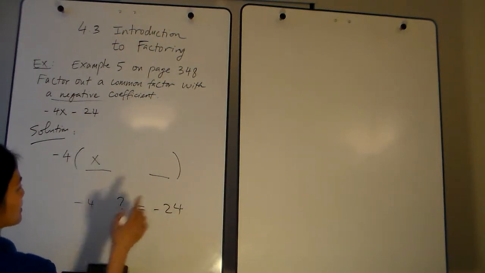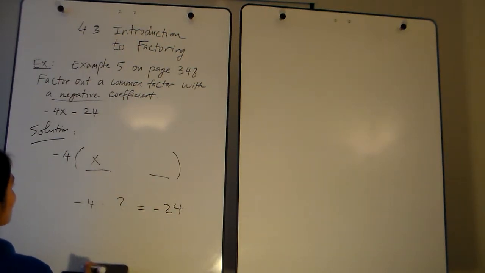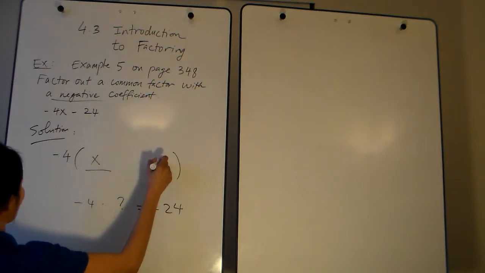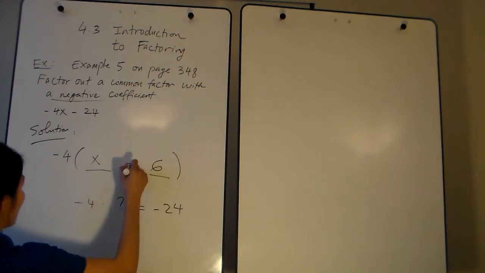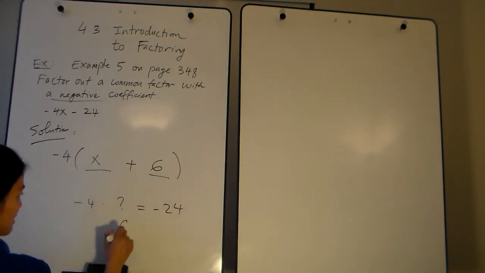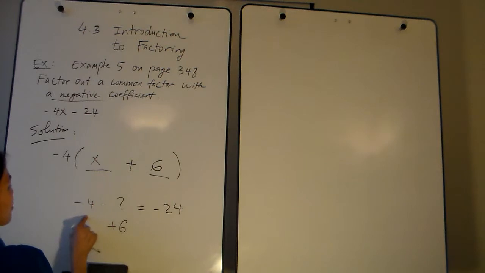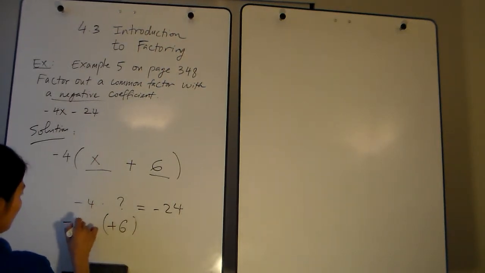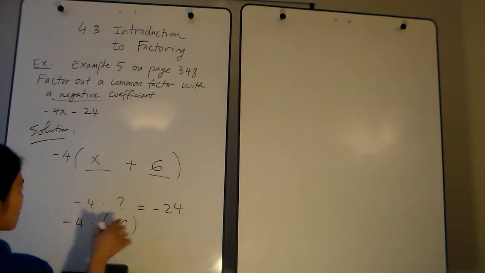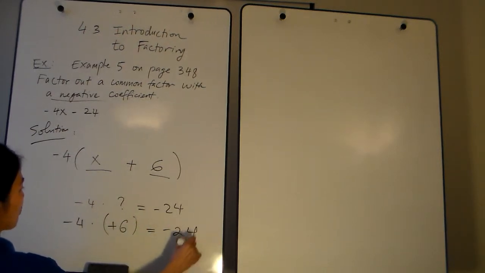Negative 4 times 6 is negative 24. So times 6, okay? Negative 4 times 6, but plus, because 6 is the positive value. Negative 4 times the positive value is equal to negative 24.